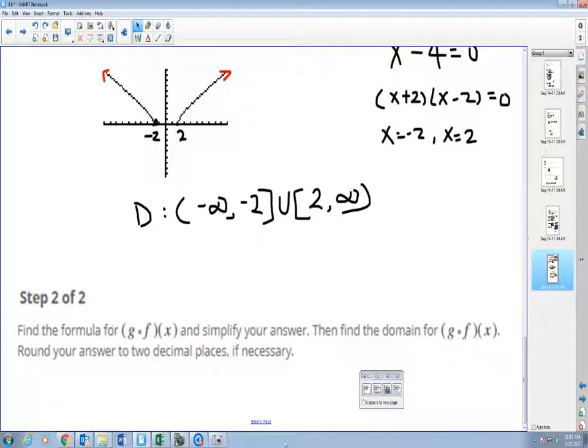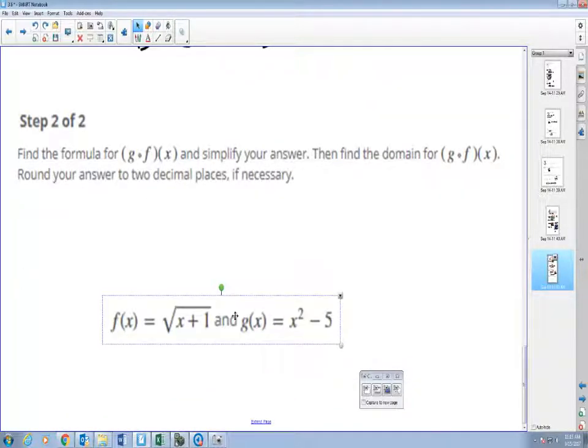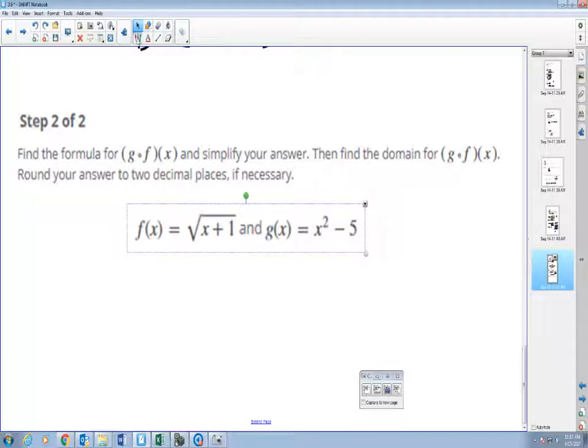Okay. Alright, I think step number 2 is vice versa. So let's check it out. g of f means take function f, put it into function g, wherever you see an x. So normally my function g is x squared.